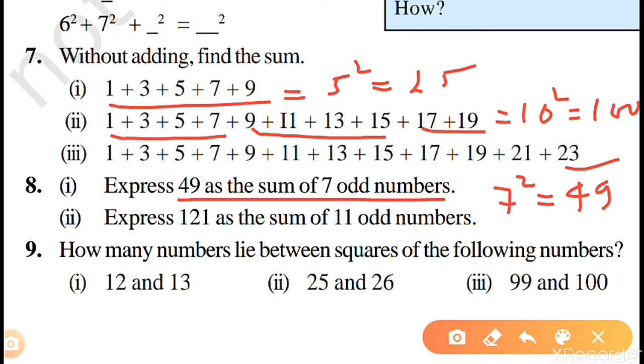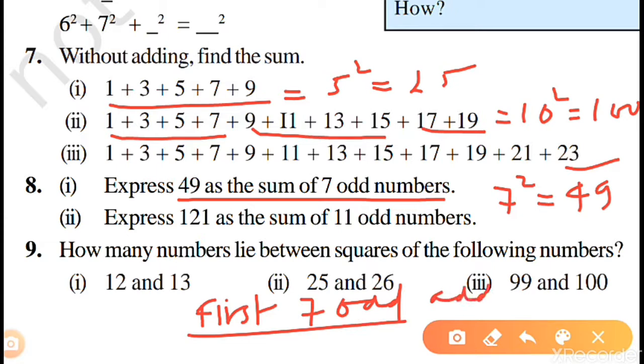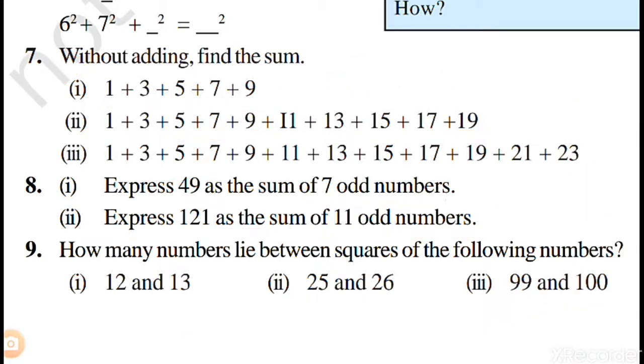So the first 7 odd natural numbers add up to 49, as we have discussed in question number 7. Similarly you can express 121 as the sum of 11 odd natural numbers.